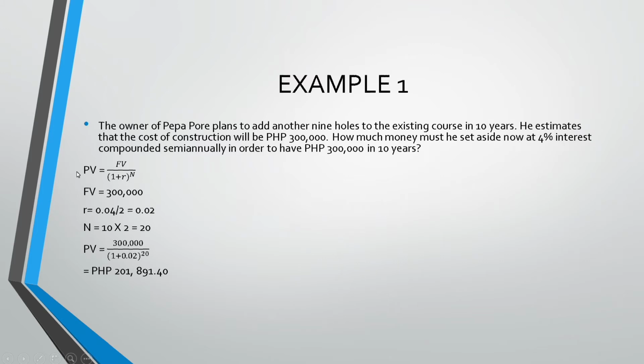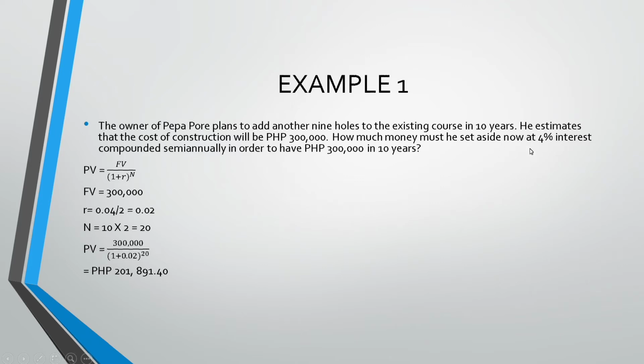So here's the formula. Present value is equal to future value all over 1 plus R raised to N. What is the future value? According to the problem, it is 300,000 in 10 years. That is future value, 300,000 pesos. Then we have R, 4% interest, compounded semi-annually.